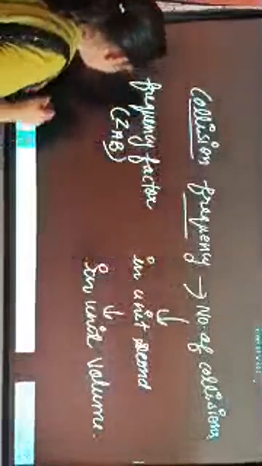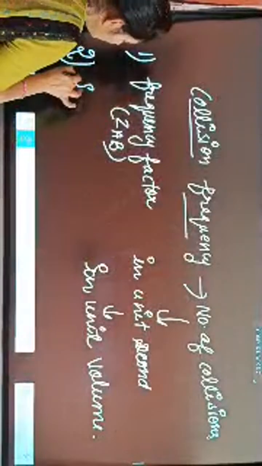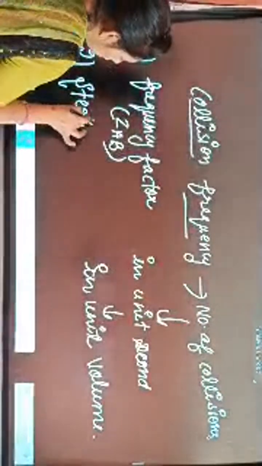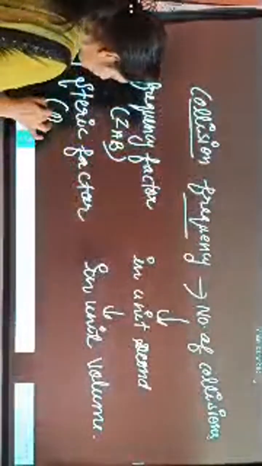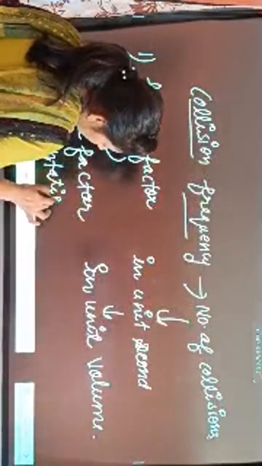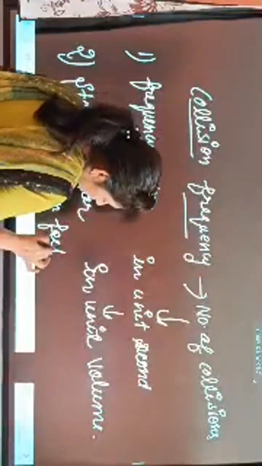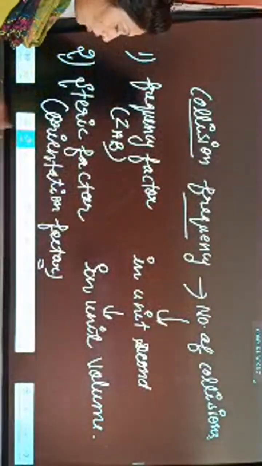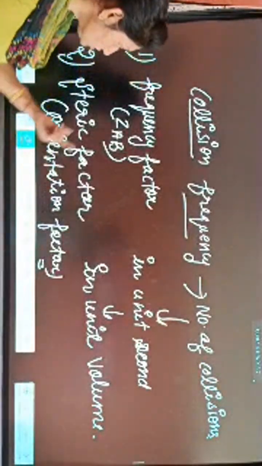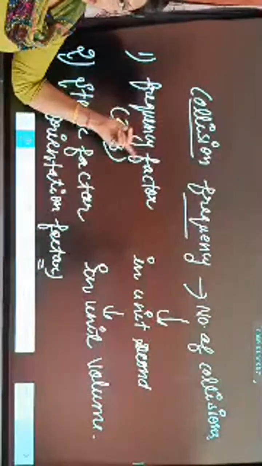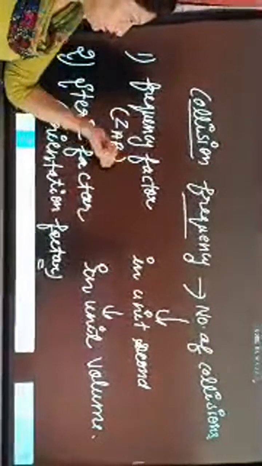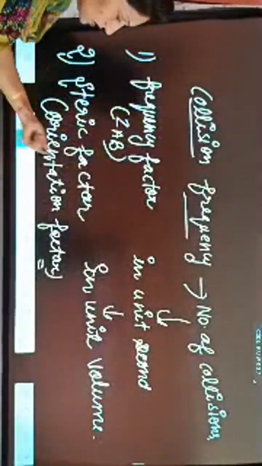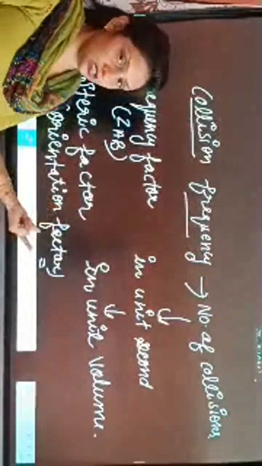And the second factor is the steric factor, or we can say the orientation factor also. So that scientist also told us that it is not sufficient that they collide frequently, but orientation is also a factor there.